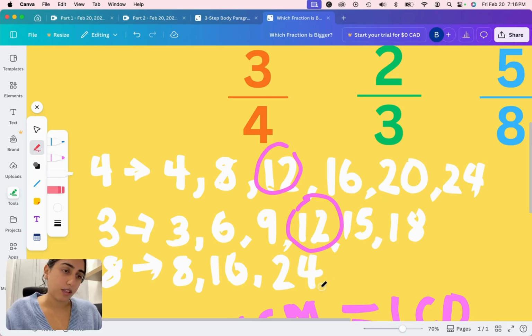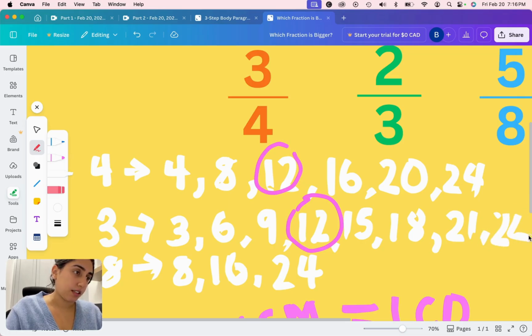Okay, so I think that's about as far as we're going to have to go, but I would love to continue to go over my 8 times table with you guys. Also, for 3, we do have to keep going. So 18, 21, 24. Oh, not my best 24.